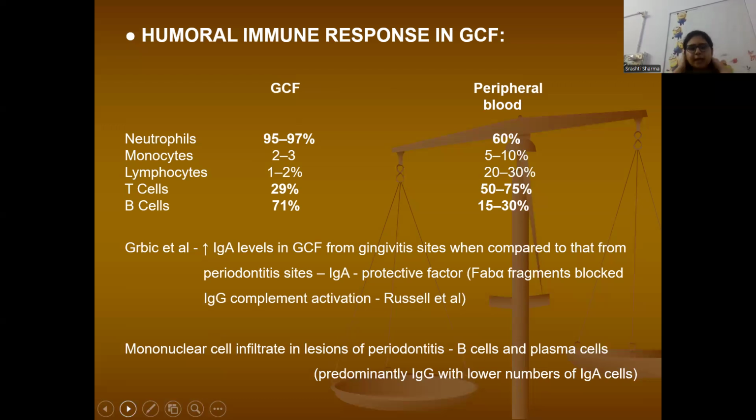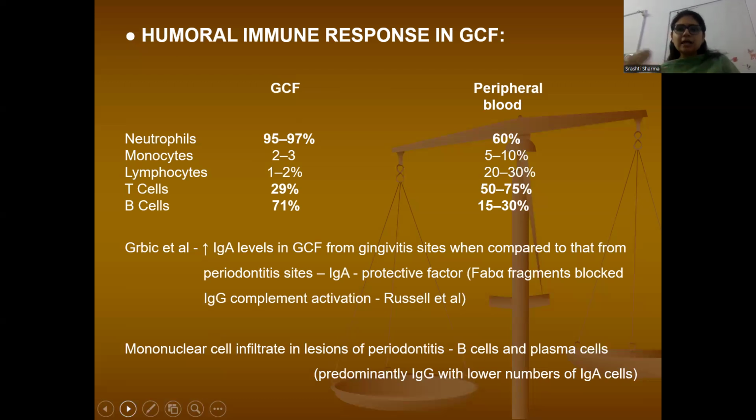Then Gabriel et al. concluded that there are increased IgA levels in GCF from gingivitis sites when compared to those from periodontitis sites. IgA acts as a protective factor which is present in GCF.